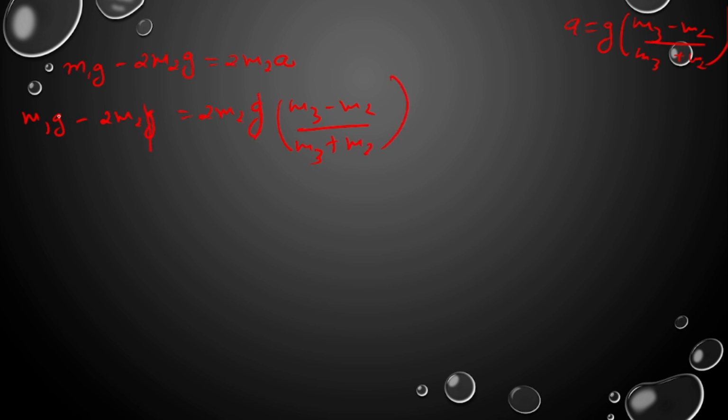The (m3 plus m2) goes over there: m1(m3 plus m2) minus 2(m3 plus m2) equals 2m2(m3 minus m2).